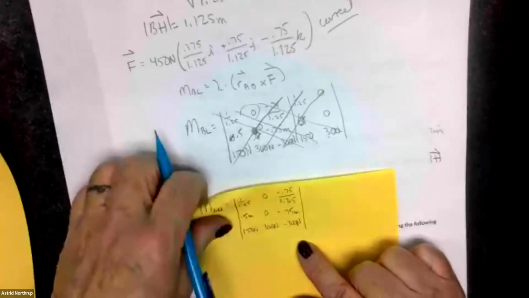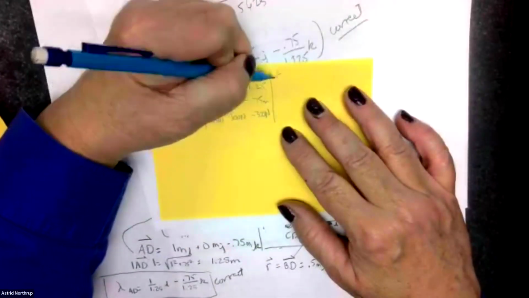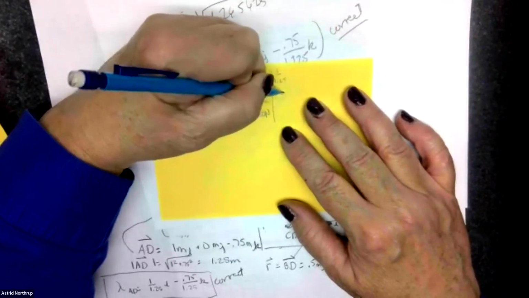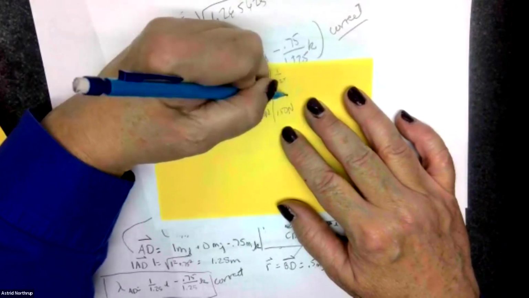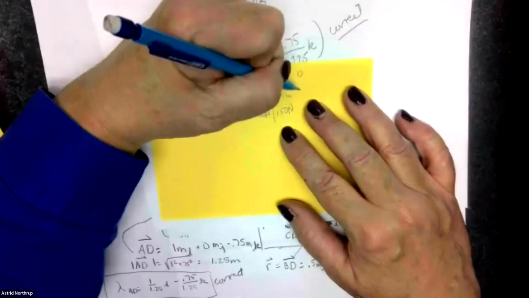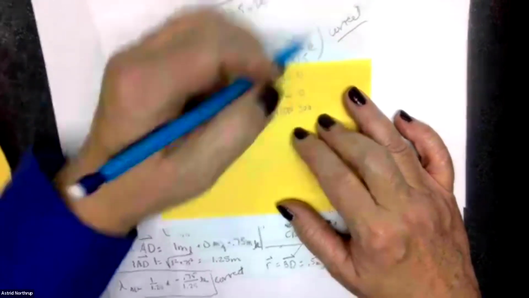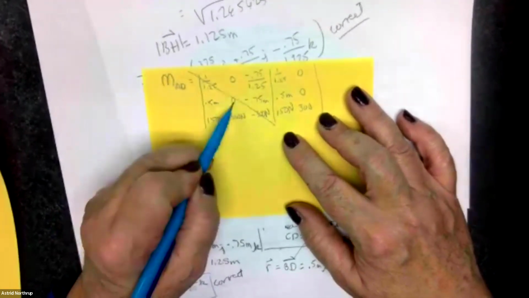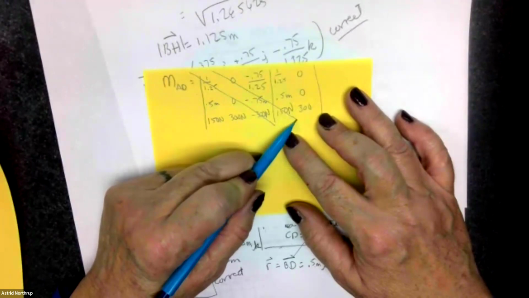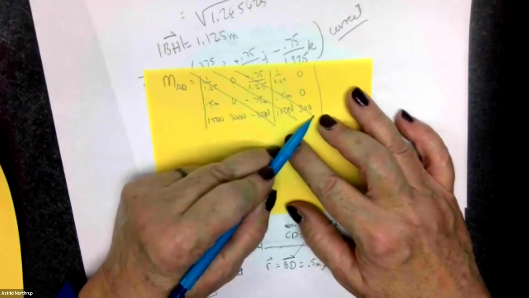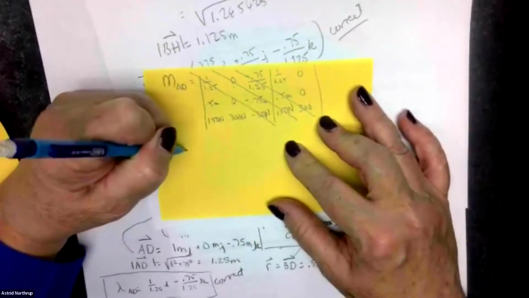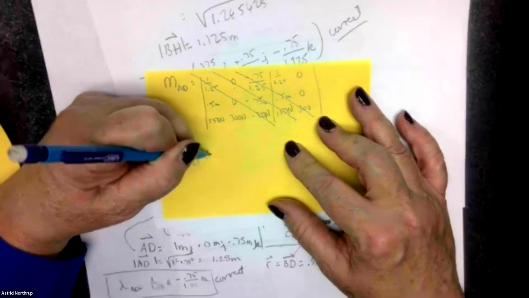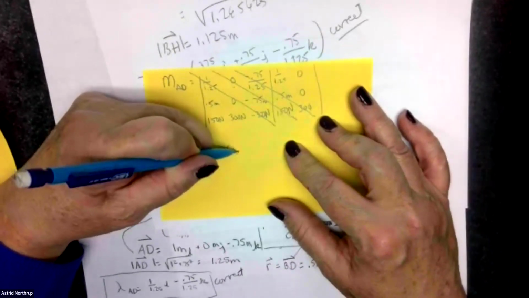All right, so then to execute that math, I write the first 2 columns again. Now I'm going to do 1, which is 0, 2, which is 0, and 3, which is not 0. So the first term I have that is non-zero is negative 0.75 over 1.25 times 0.5 meters times 300 newtons.